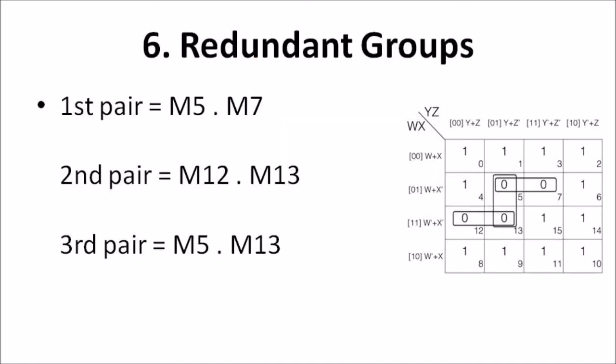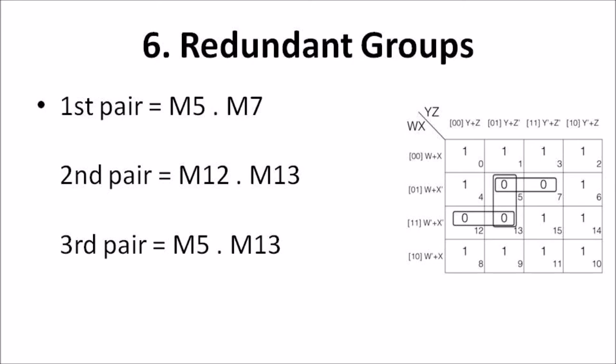And finally, we should consider the redundant group rule. After marking out the overlapping group, it is important to also check for redundant group. If all the values of a group G are covered by other groups, then the group G is redundant and ignored. Let us consider an example. For finding a redundant group, consider the following 4 variable K-map. Here the first pair is formed by M5 M7, second pair is formed by M12 M13, and here we can also form a third pair by M5 and M13.